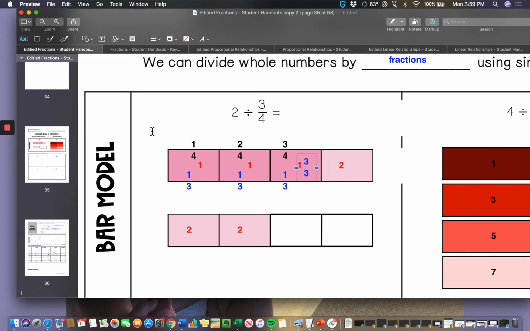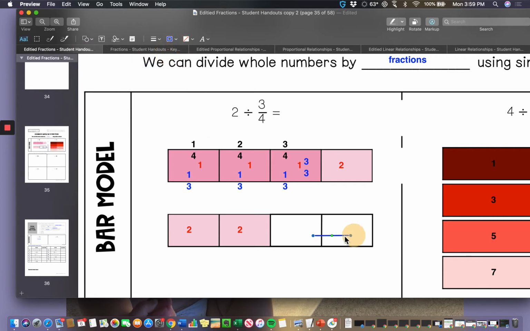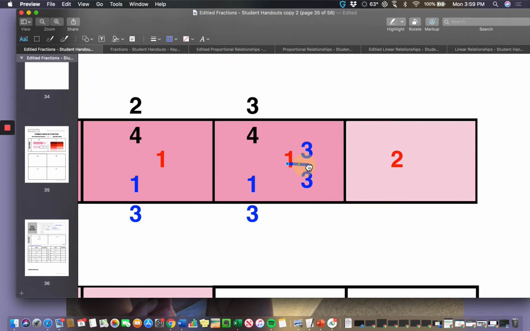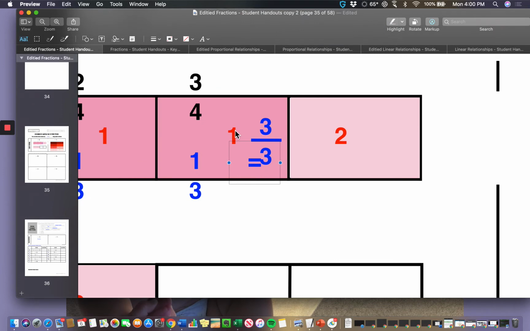So 3/3 is the same as saying 1. And I just want to show you this so that you recognize why the 1 is there. That 1 is also equal to 3/3.